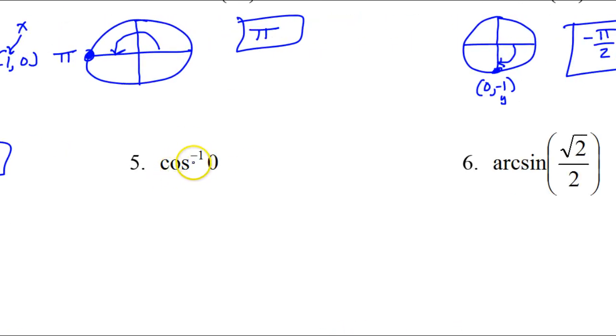Inverse cosine. Inverse cosine is an angle. It's the angle whose cosine is 0. What angle has a cosine of 0? Well, unit circle. Cosine is an x value. Where is the x value going to be 0? The x value is going to be 0 on the y-axis. Okay, the x value is 0 in both of these places.